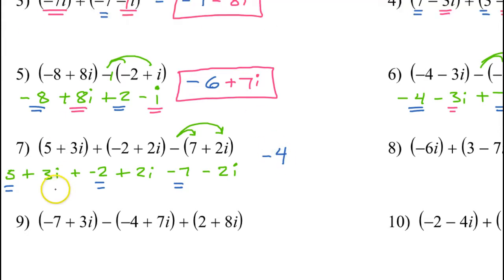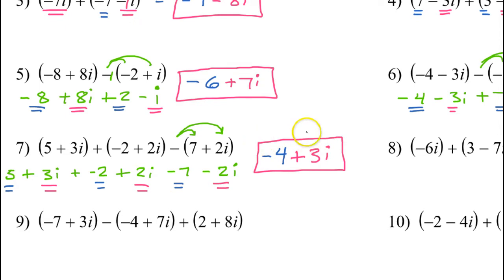Now the imaginary part. I have 3i and 2i. So far that's 5i. And then minus 2i, which takes me back down to 3i again. So plus 3i. So that is going to be the answer to number 7.